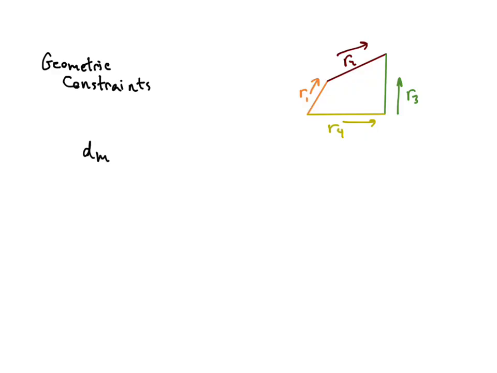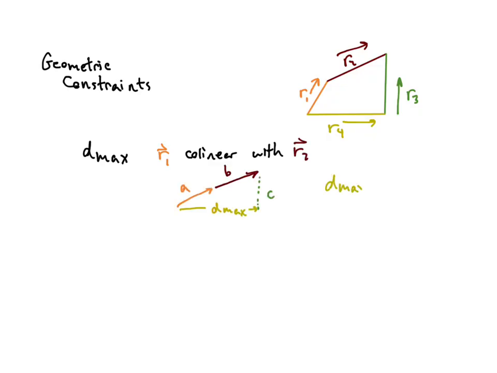Oh, one more thing. Before we set up MATLAB, we could talk about some of the geometric constraints. So we have our vector loop, and if we want to see the maximum distance D that we can have, then that would be setting R1 collinear with R2, so that they're going in the same exact direction. That'll be the farthest that we can have. That D max, using Pythagorean's theorem, would be equal to the square root of (A plus B) squared, as one cohesive unit, minus C squared.